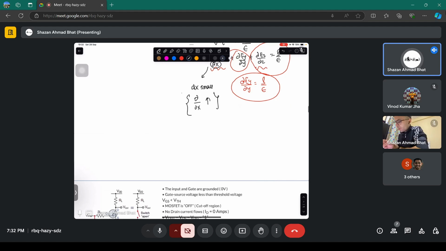That's why in short channel devices, the GCA fails, and you cannot simplify the Poisson equation and the other things. You need to fully solve the equations by considering the variations in dy, dz, and dx, obviously. So that is what happens.